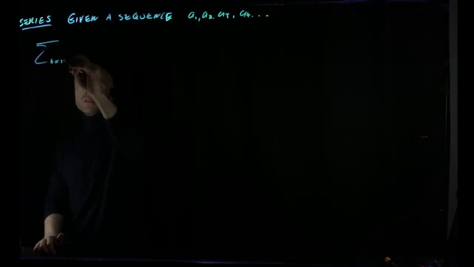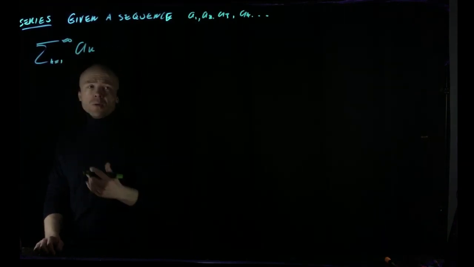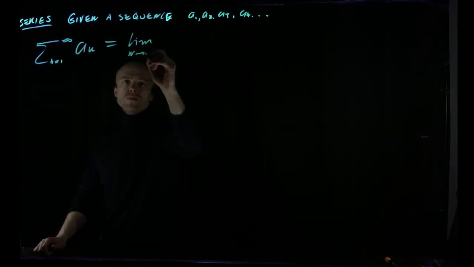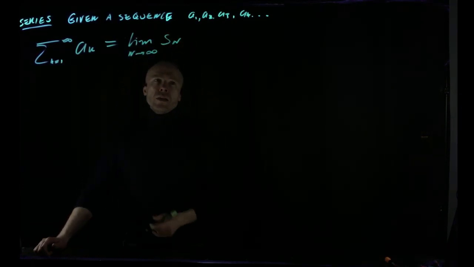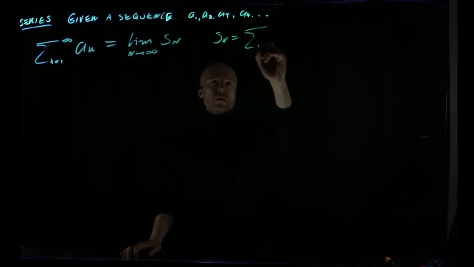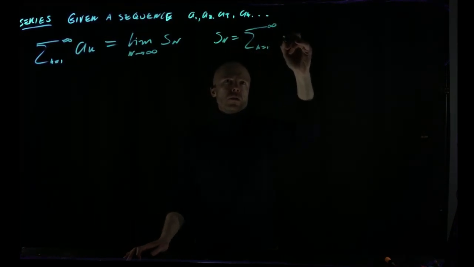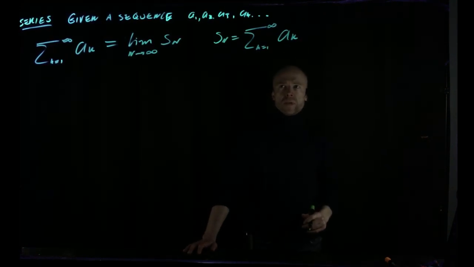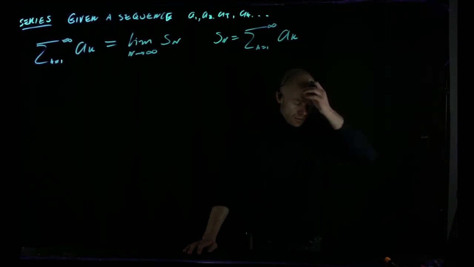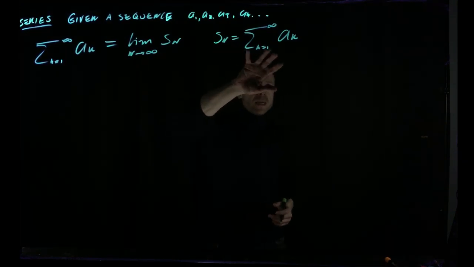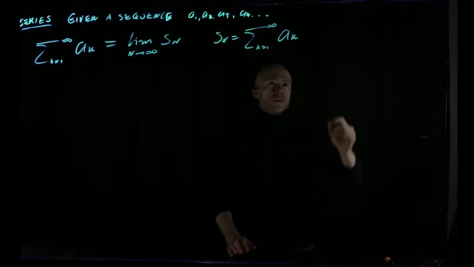You might want to consider this thing. But the only way this is meaningful is as follows. It's the limit as n goes to infinity of S_n, where S_n is the partial sum. Okay. And again, this is an essential point. It literally means nothing except as the limit of the partial sum. So key example.